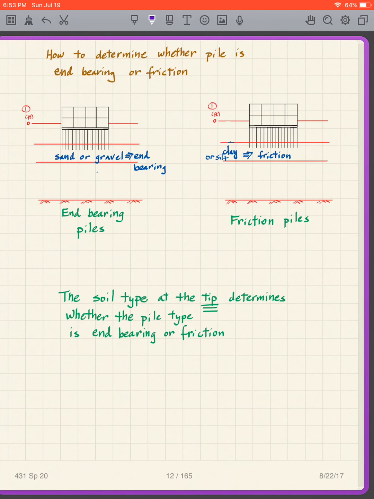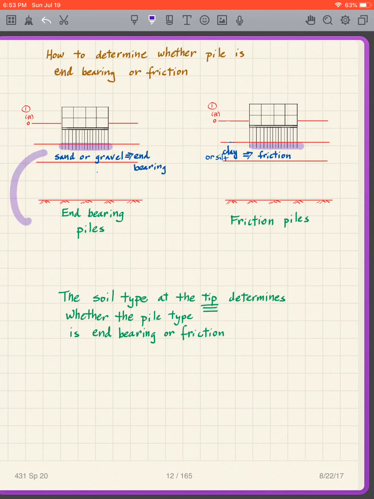I want to make a comment as to how to determine whether a pile is end-bearing or friction. We talked about end-bearing, friction. Well, what's the difference? Well, it all depends on the soil type at the tip. If the soil type at the tip is coarse-grained, so if it's sand or gravel, we have end-bearing. If it's silt or clay, we have friction. So if you look at this, there's the tips of my piles right there.